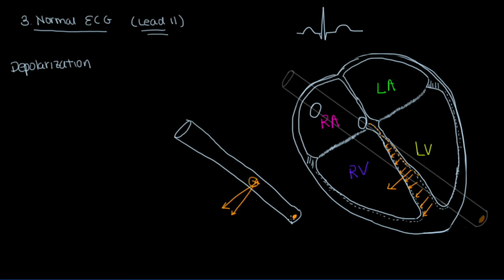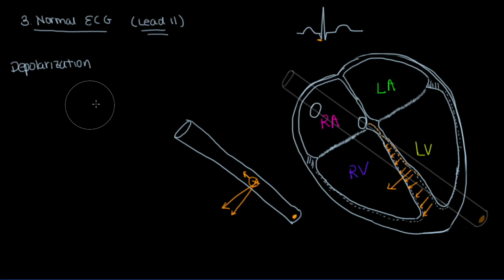And the sensor is not able to read that at all. It doesn't see it at all because it's going completely perpendicular to the axis of this tube. And the portion that's parallel to it is actually a small component going out in that direction, which again, you see is going away from the sensor here, right? So then that's why you see the negative deflection down here.